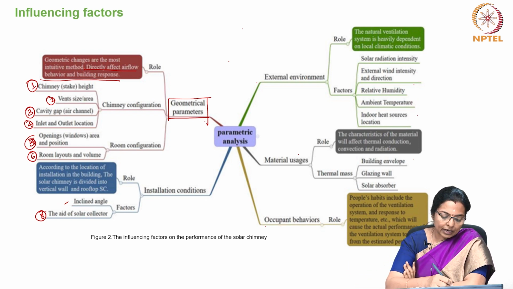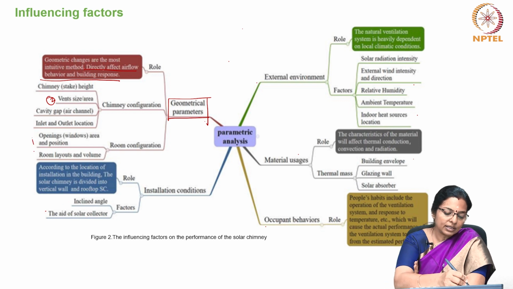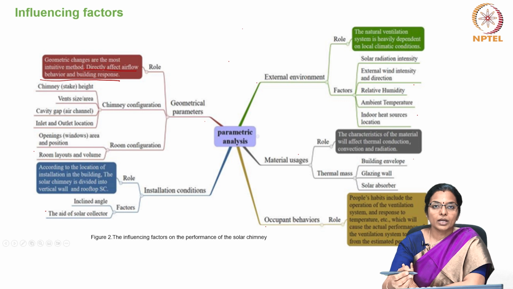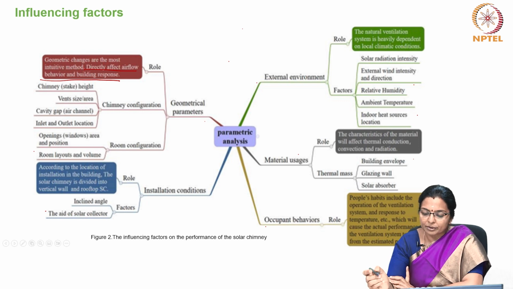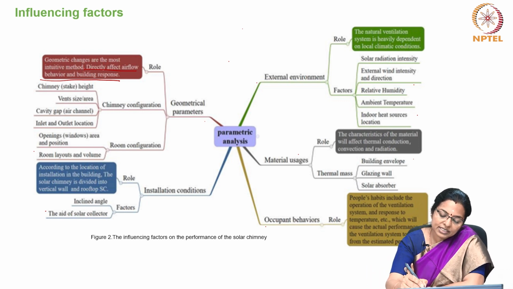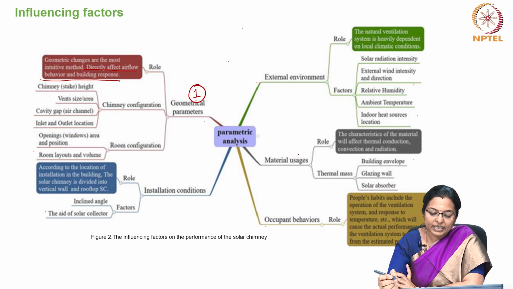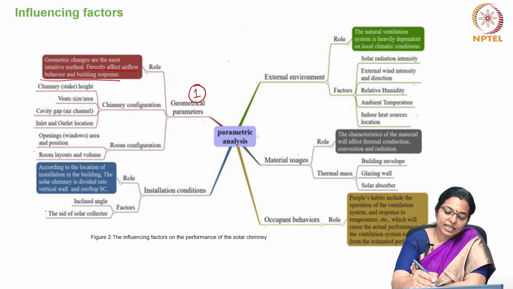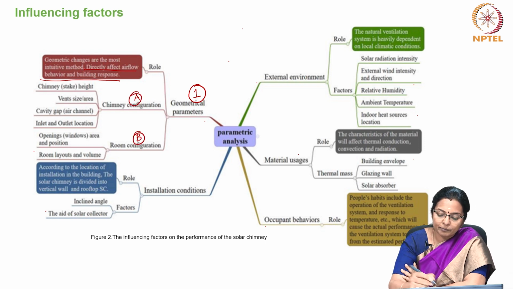So, if we look at overall what factors influence the performance of a solar chimney, first is the geometrical parameters pertaining to chimney configuration and room configuration. Second is the installation conditions.